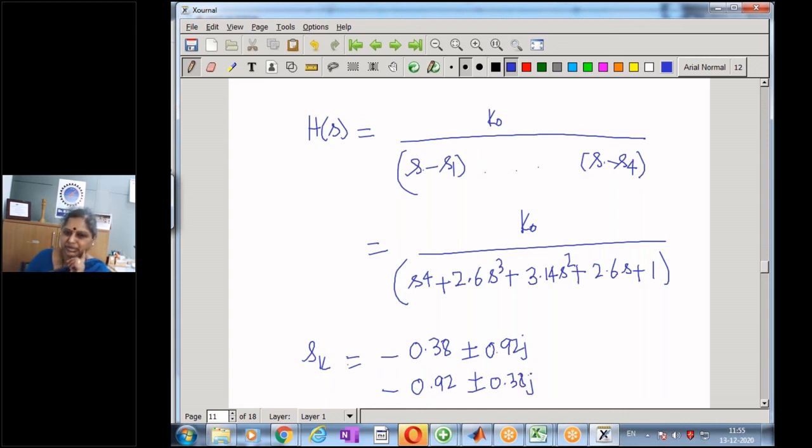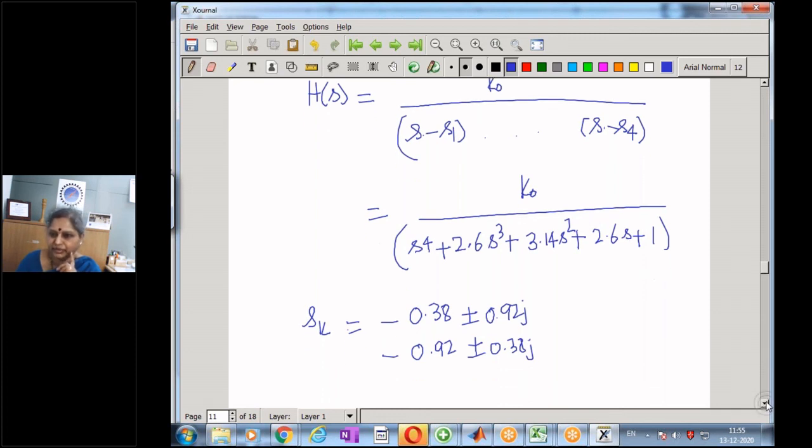So this is how my poles are located. And now this is the low pass filter that we have designed.